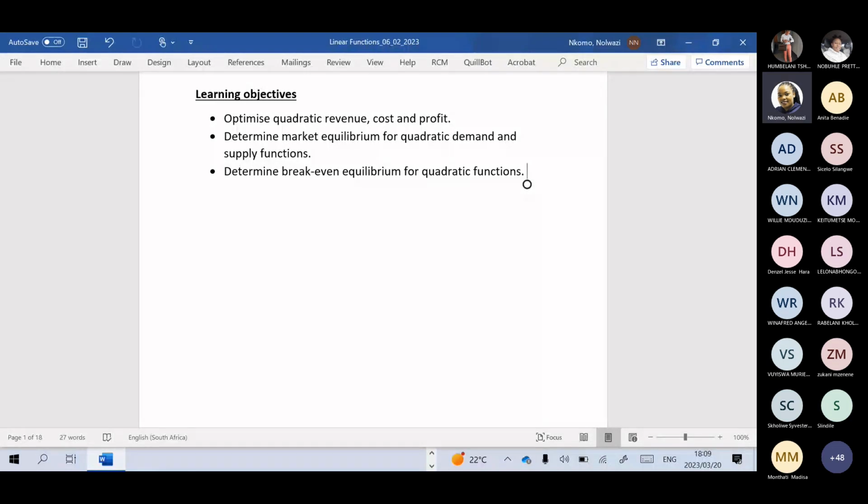In economics, sometimes the linear function cannot explain the relationship between the variables. So in such cases, we use nonlinear functions. That's why you need to understand nonlinear functions. Nonlinear functions simply means the graph is not straight. Remember, for linear functions, we're dealing with straight lines, right?